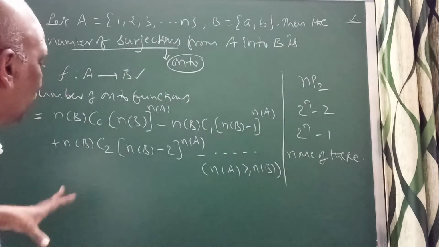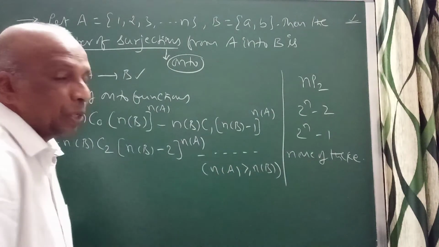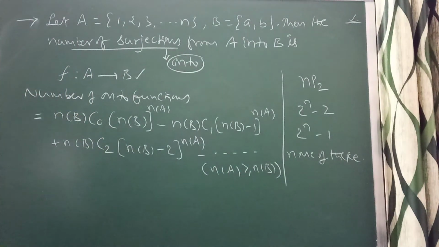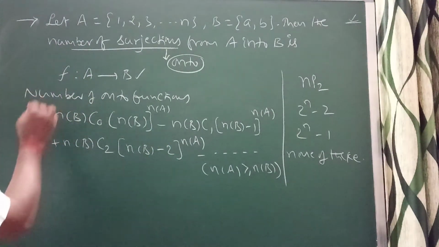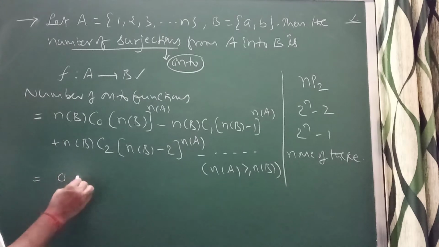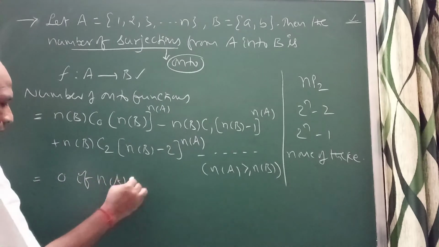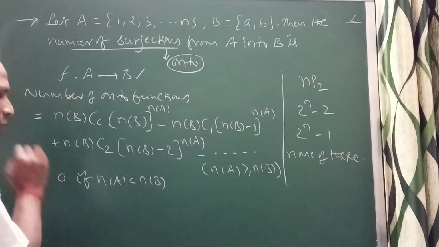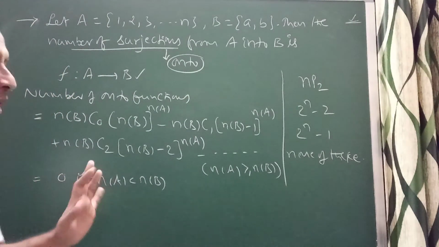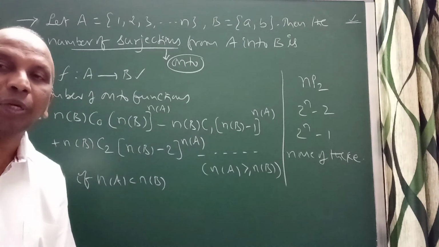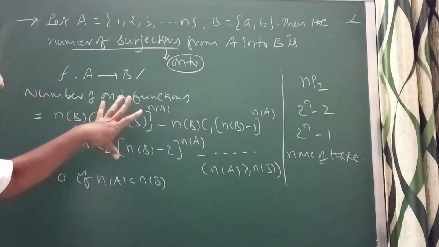If n of A is less than n of B, the number of onto functions will be 0. You should be careful when deciding the number of onto functions.